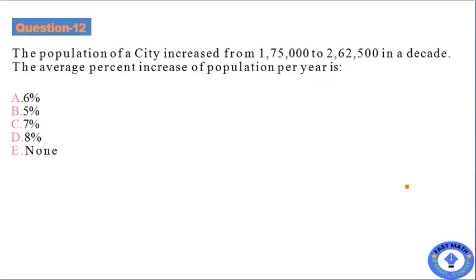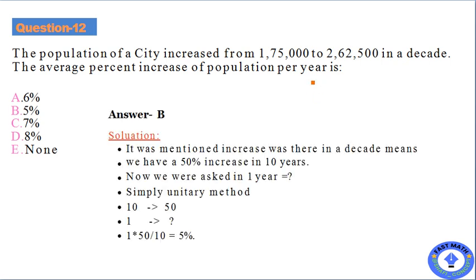Coming to the 12th question, the population of a city increases from 1,75,000 to 2,62,500 in a decade. Decade means 10 years. Find the average percentage increase of population per year. He is asking the question.